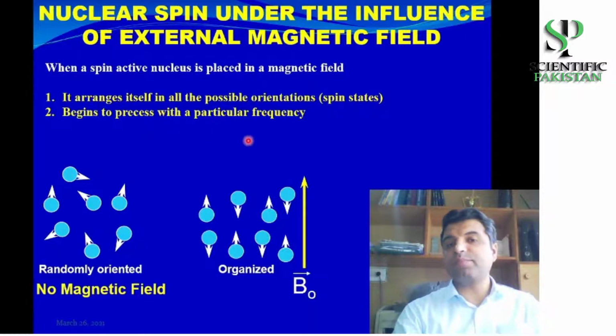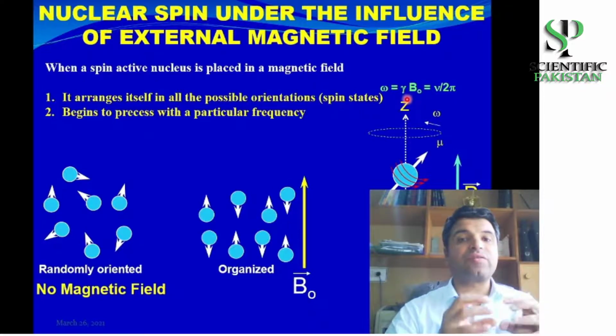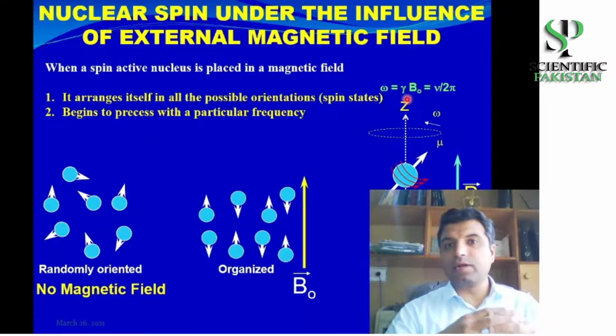And this precession happens with a particular frequency. That frequency is known as the Larmor frequency or the precessional frequency. That precessional frequency is written here as omega, which is equal to gamma B naught. Gamma, again, is the gyromagnetic ratio that is independent of the applied magnetic field, and it's a characteristic property of every different type of nucleus.